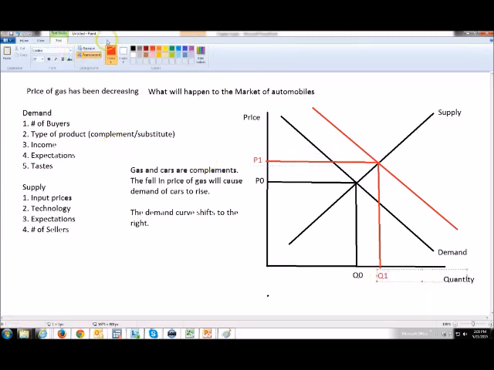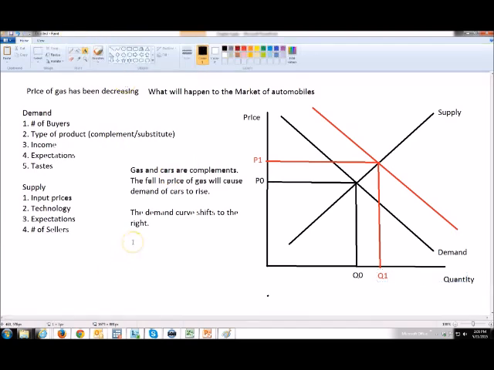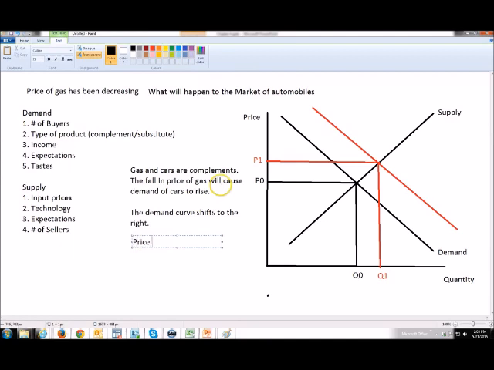So after all this happened, what we can say is the price of cars will increase from P0 to P1, and the quantity bought and sold will rise from Q0 to Q1. And this is how we answer the question.